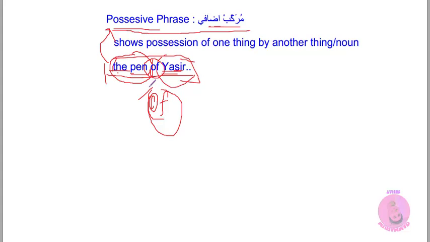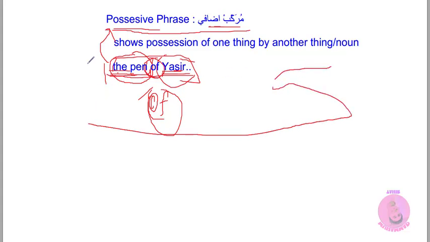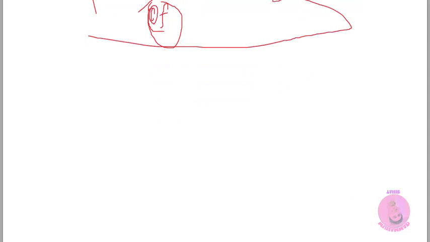In Arabic, we will use just two words: the possessed thing and the possessor. We do not need the word for "of". Now we are going to learn how to construct a possessive phrase in Arabic. Let's say I want to translate "the book of Zaid".